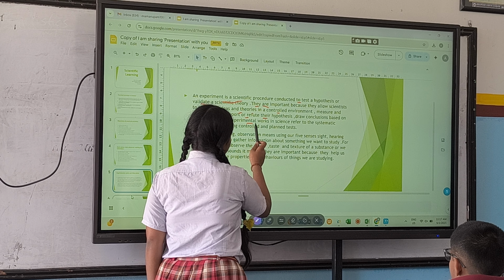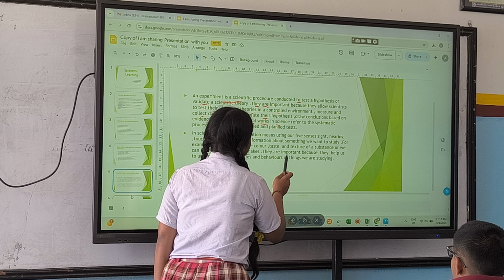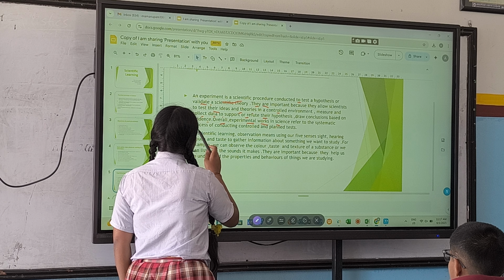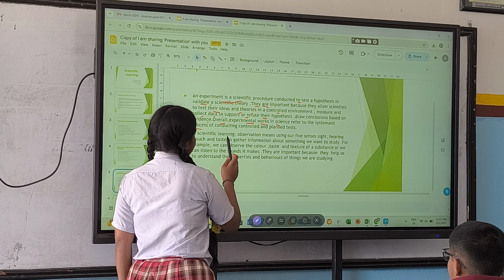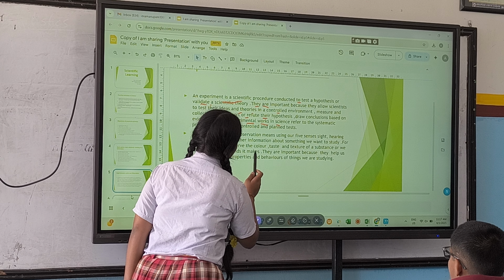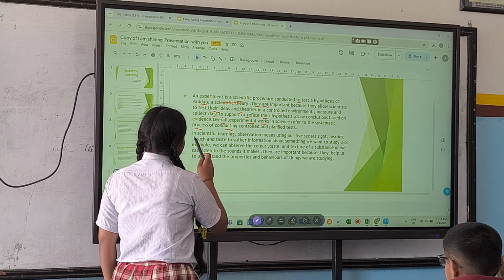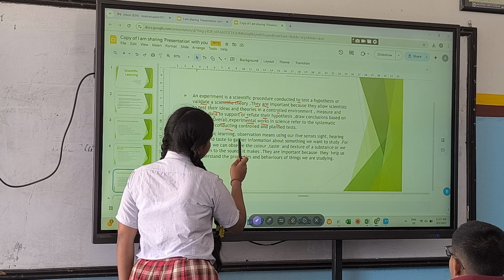Overall, experimental work in science refers to the systematic process of conducting controlled and planned tests in scientific learning.